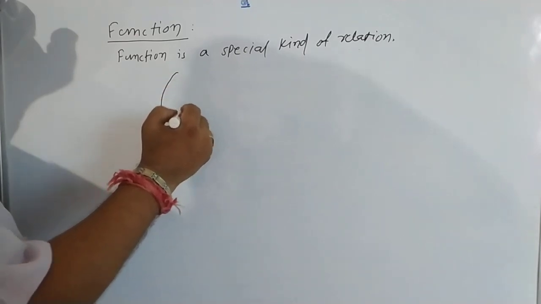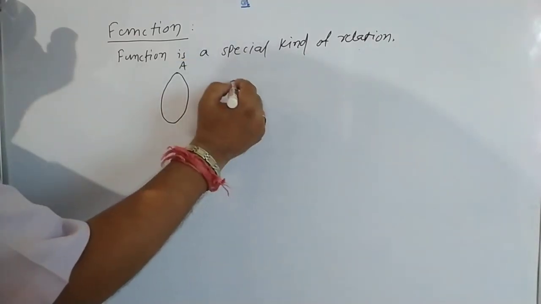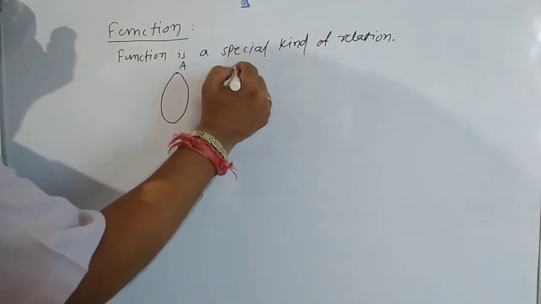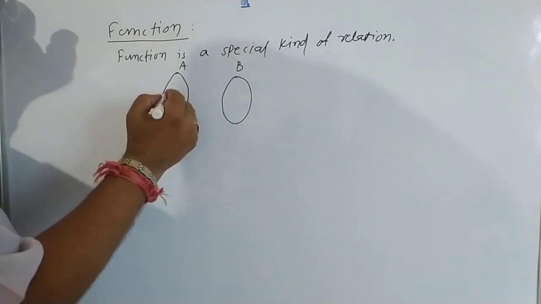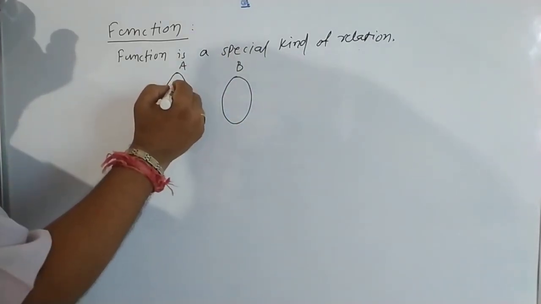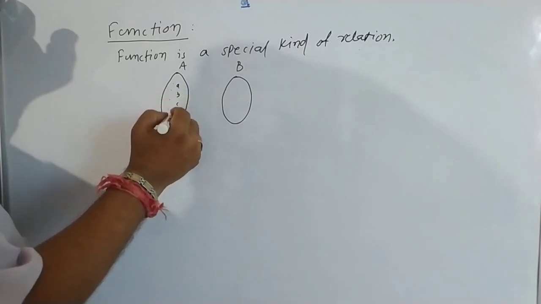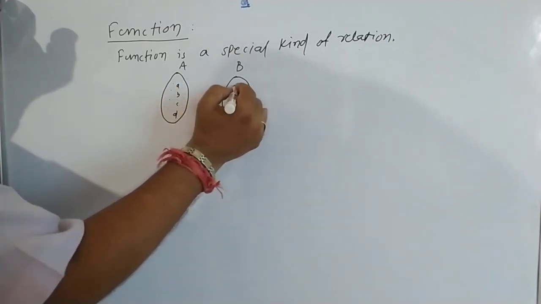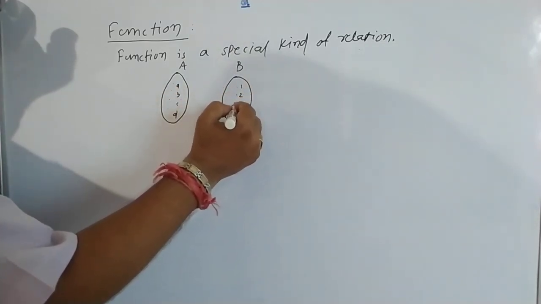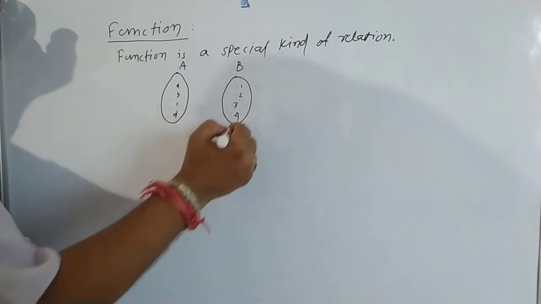Let us take a set A, another set B. It contains the elements a, b, c, d, and here 1, 2, 3, 4.